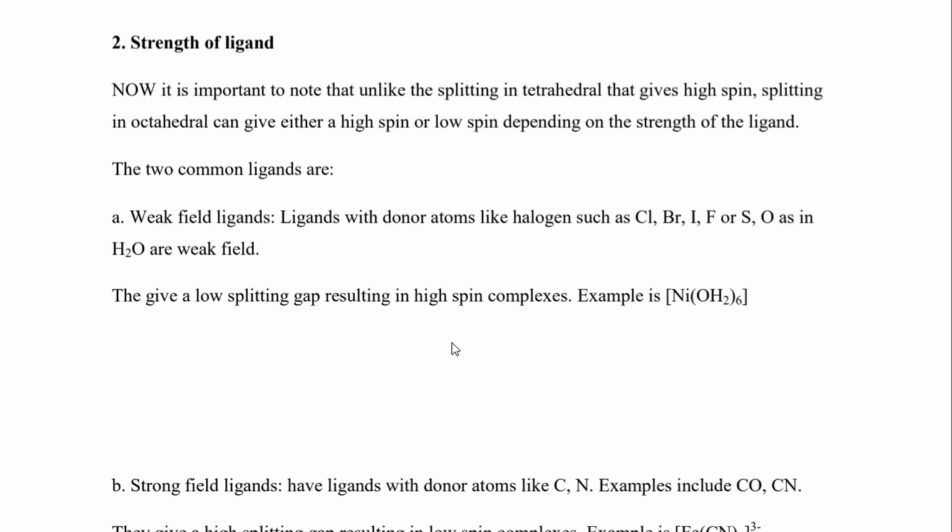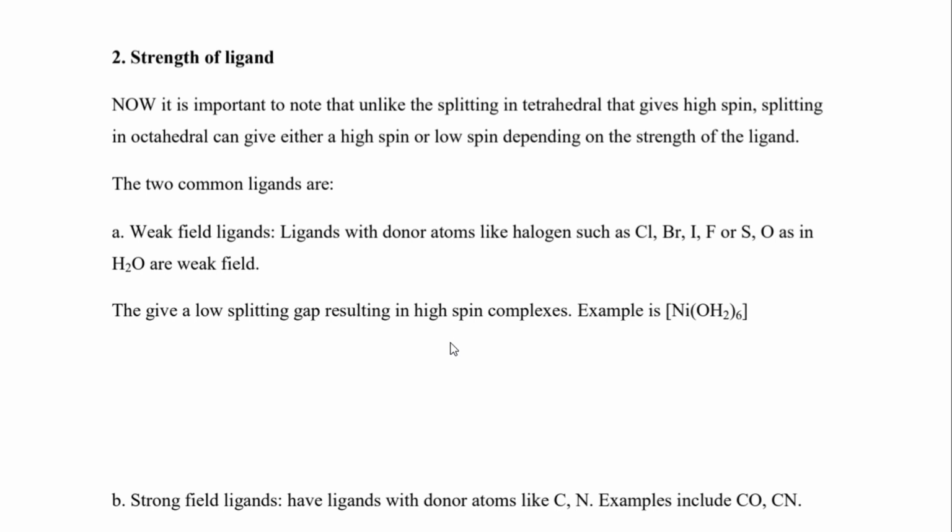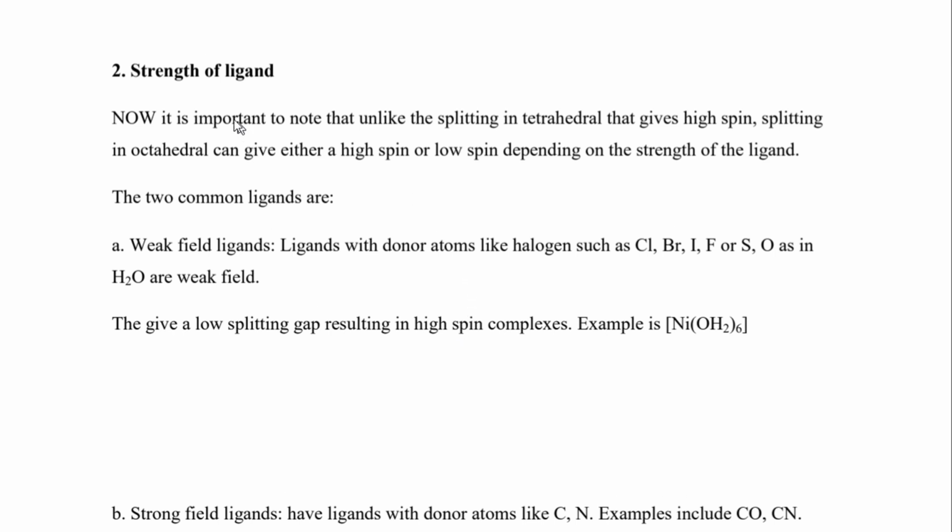So let's look at the second. So here is the second reason. So we have the strength of the ligand. Now it's important to note that unlike the splitting pattern in tetrahedral, where we have E at the bottom and T2 at the top, T2 and E for tetrahedral, right?